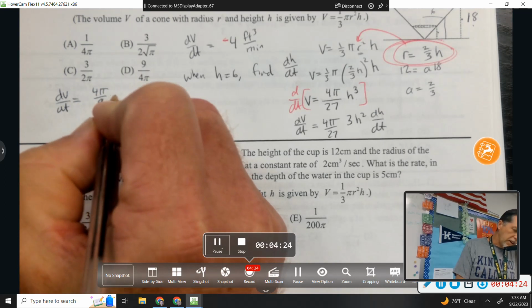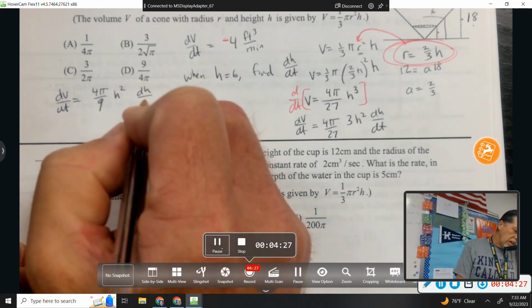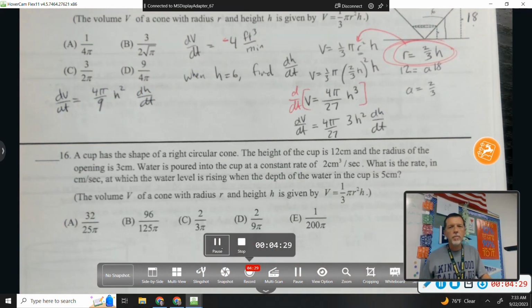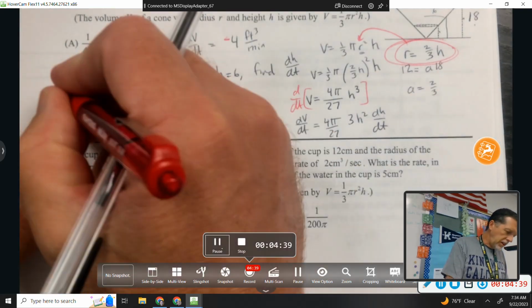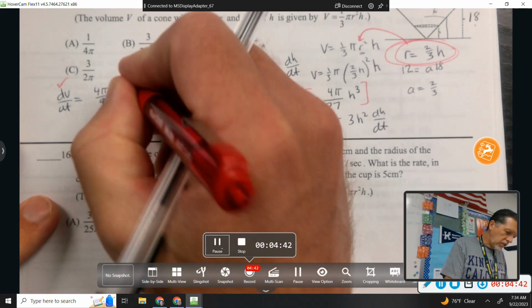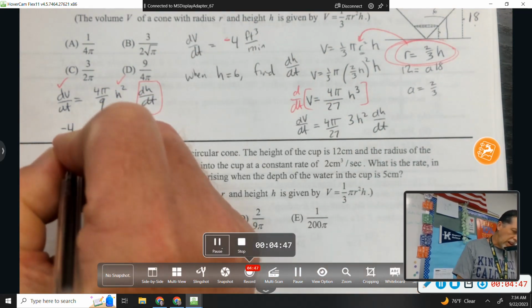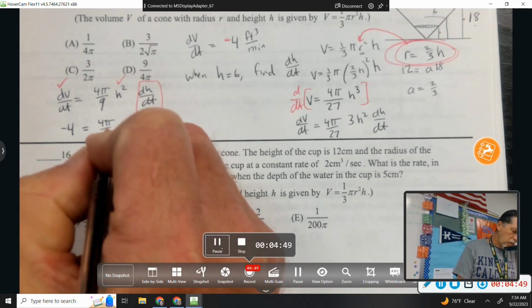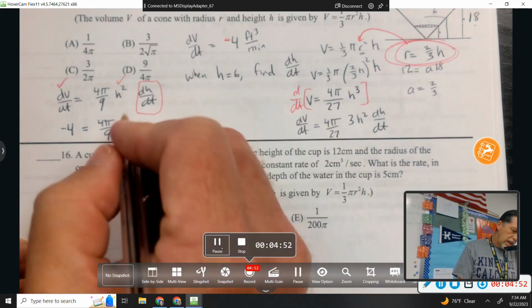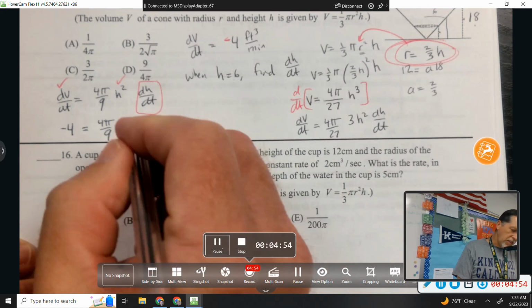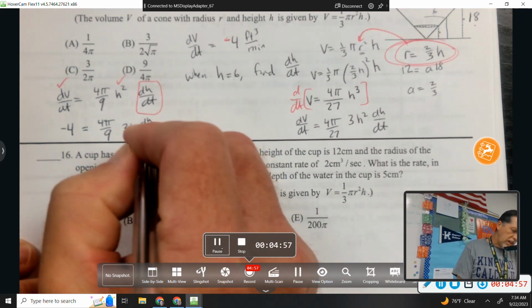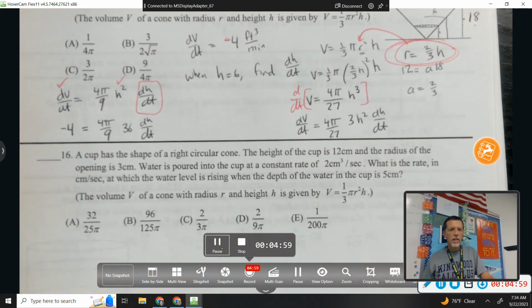So 4 pi over 9, h squared dh/dt. All right, and now I think I have everything. It gave me dV/dt. I know h, and I'm looking for dh/dt. So let's plug things in. Negative 4 equals 4 pi over 9, h squared, h is 6, so h squared is 36, dh/dt.